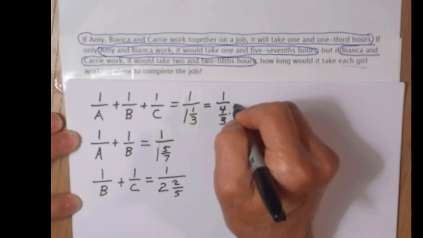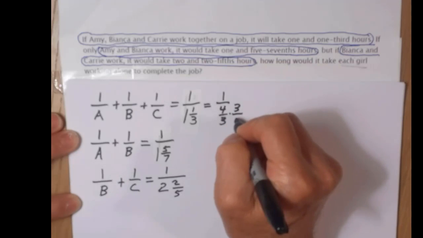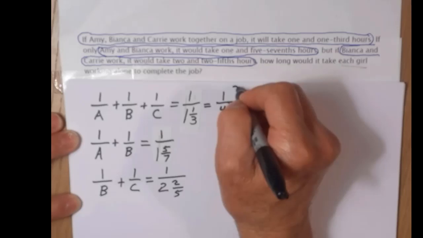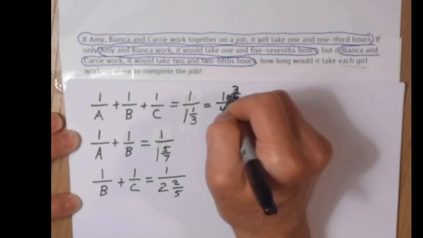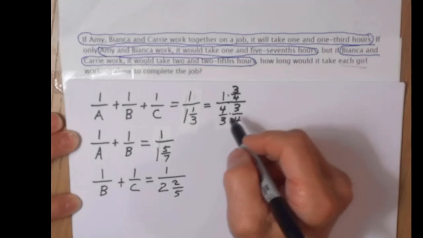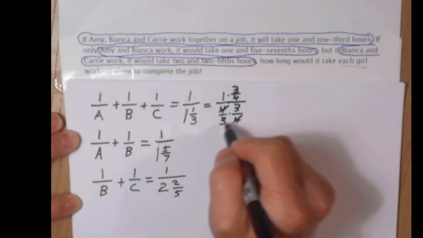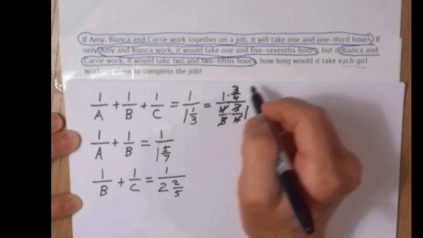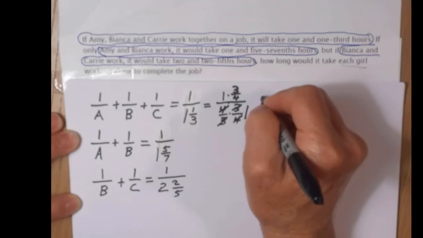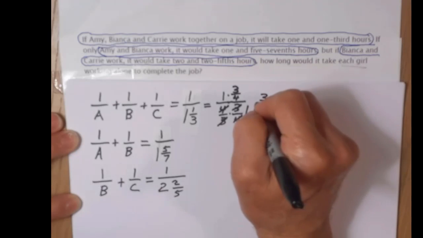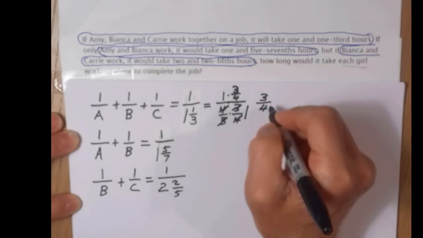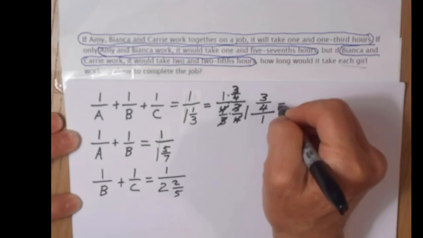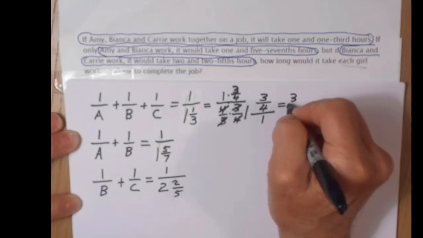So we'll multiply the numerator by the reciprocal, which is 3/4, and we'll multiply the denominator by the reciprocal, which is 3/4, and then the 4 cancels here, and 3 cancels here. That leaves us with a 1. 1 times 3/4 is 3/4, so that leaves us with 3/4 over 1. 3/4 over 1 is just 3/4.